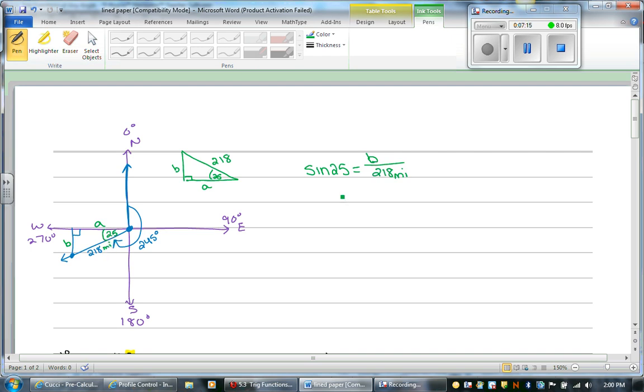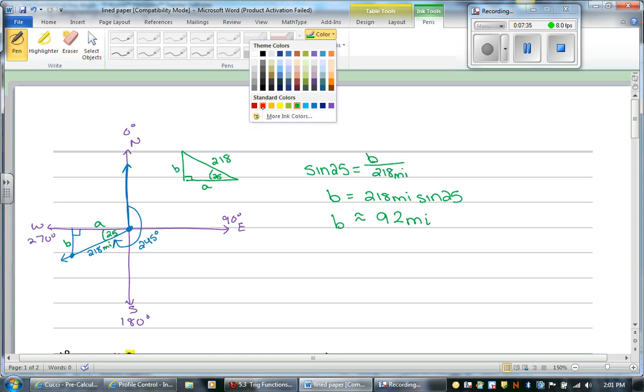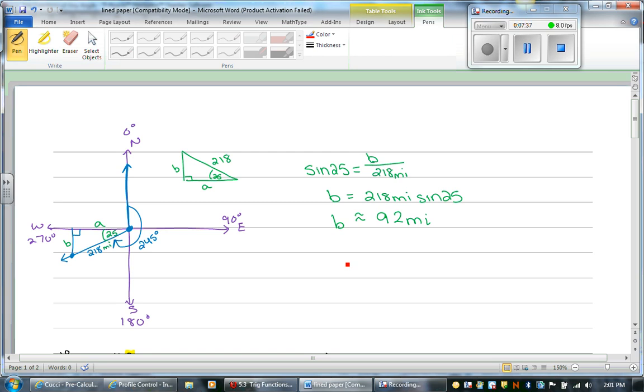Cross multiply, and when I put that into my calculator, we get approximately 92 miles. Let's go ahead and find A. Adjacent over hypotenuse is going to be cosine.